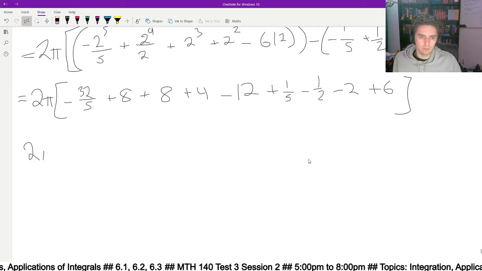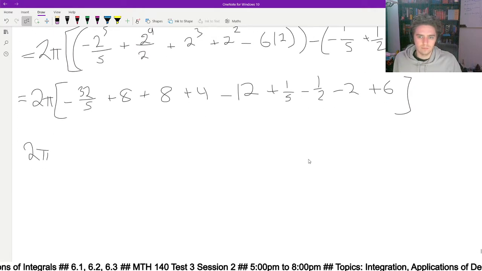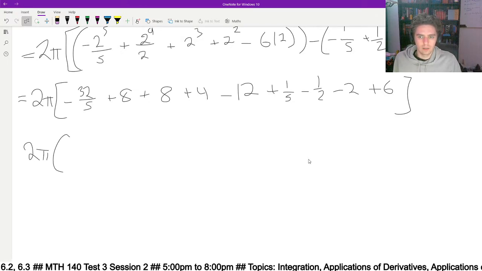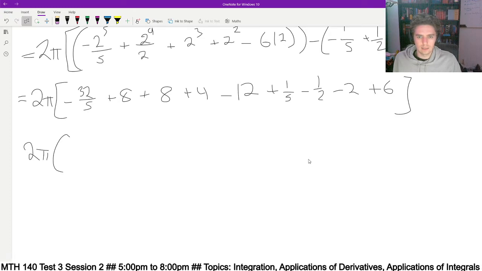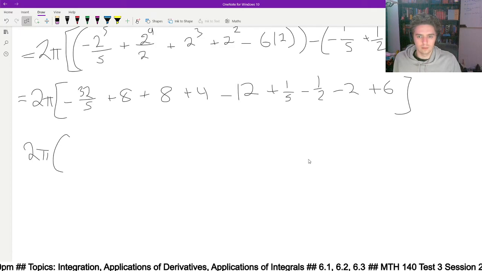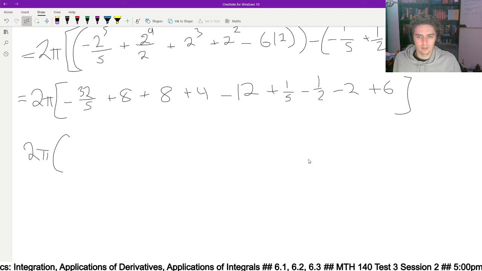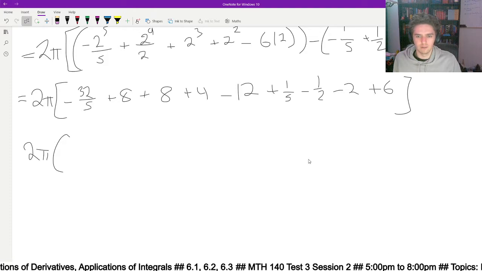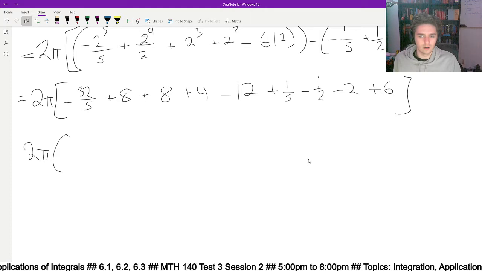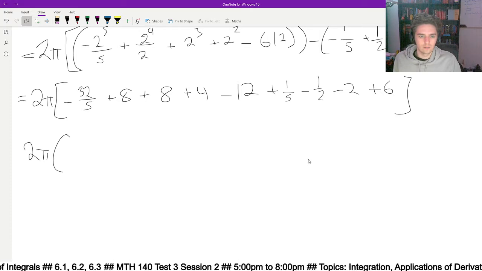Okay, so 2 pi times, so 6, this makes a negative 6, negative 2, positive 6. Wait. Here, I'll do one at a time. Okay. 4, negative 8, negative 4, 4, 12.